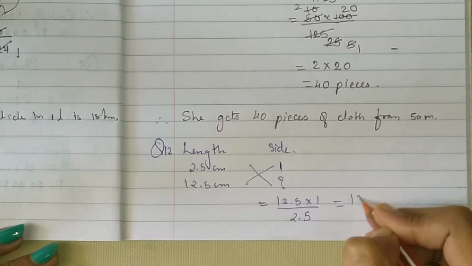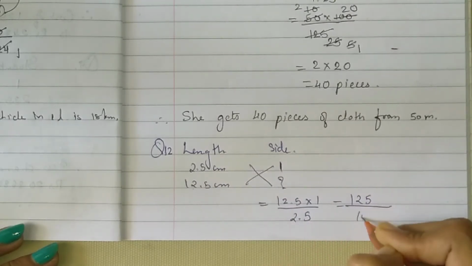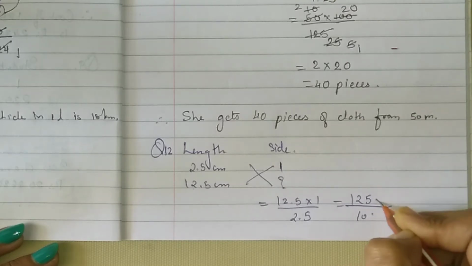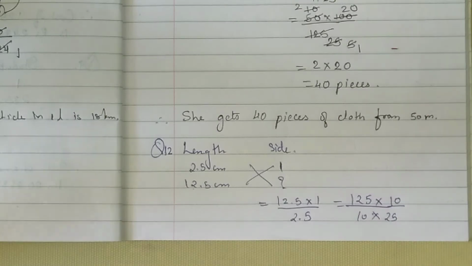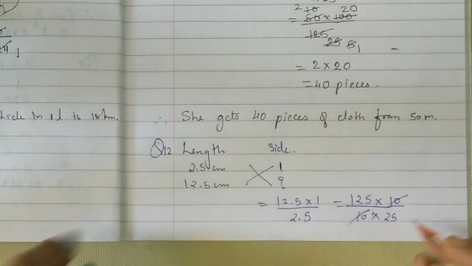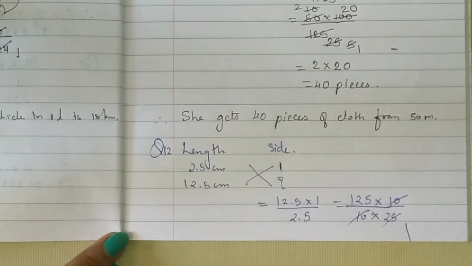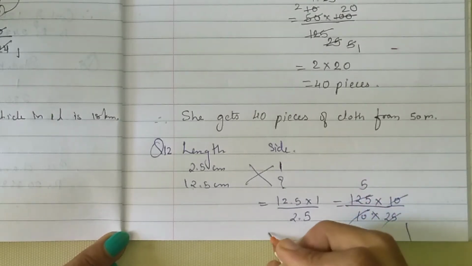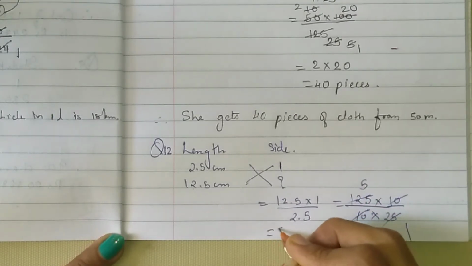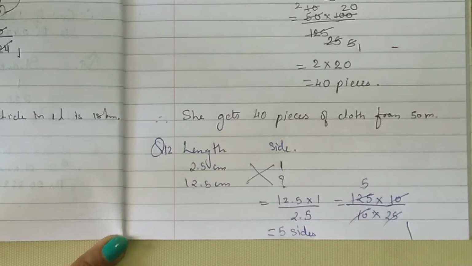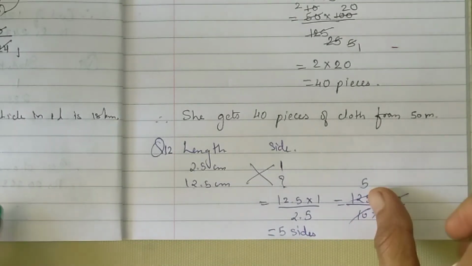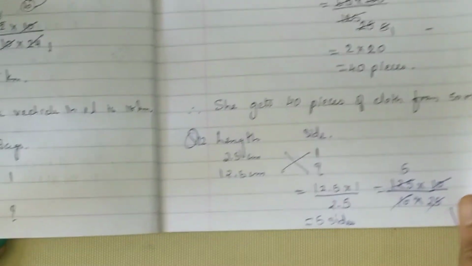Remove the decimal, so 125 upon 10 multiplied by 10 upon 25. The 10s cancel, 25 ones are 25, and 25 fives are 125. So how many sides? 5 sides. So the last answer is the polygon has 5 sides.